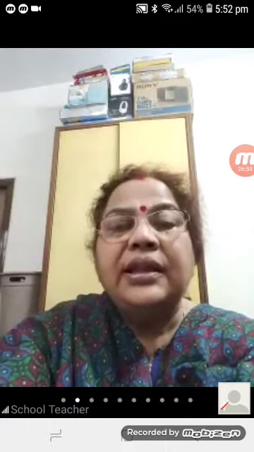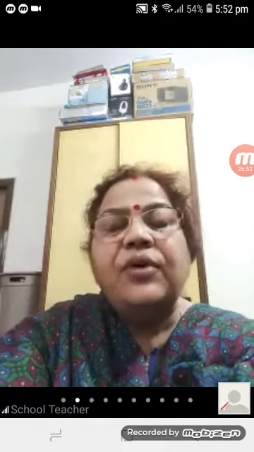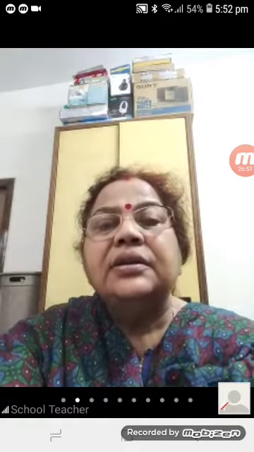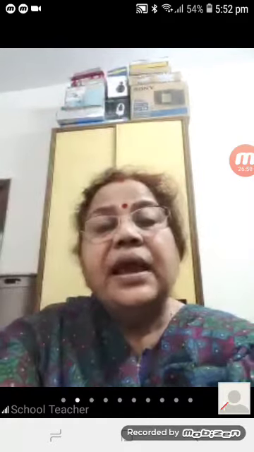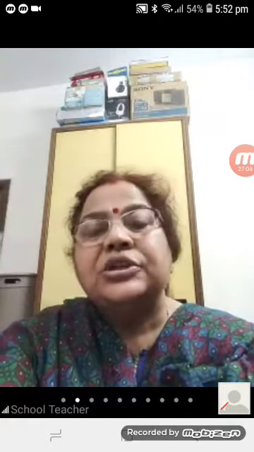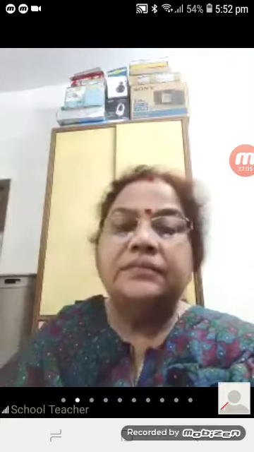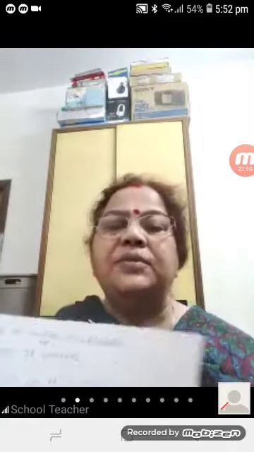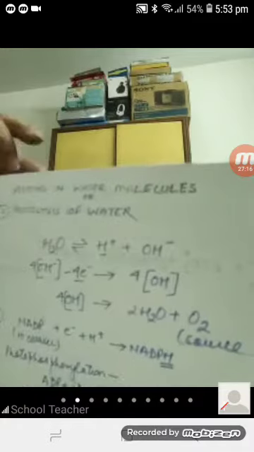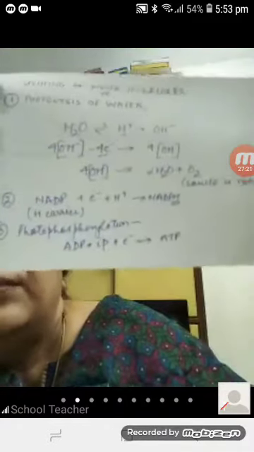Photolysis of water is splitting of water molecule in presence of sunlight within the granum of the chloroplast during light reaction. This splitting of water molecule is called photolysis of water.